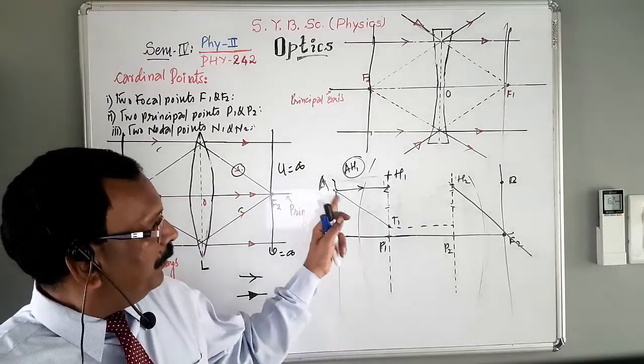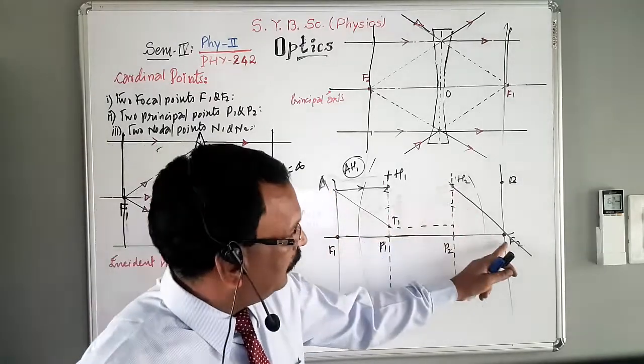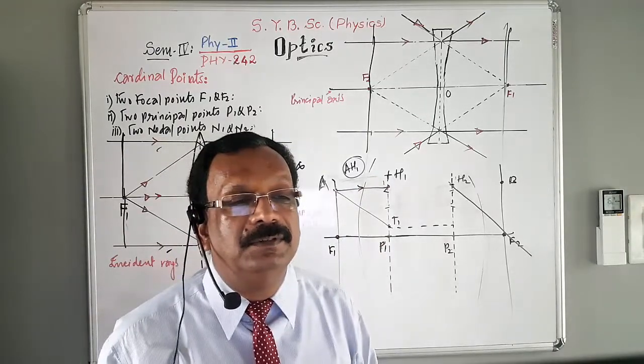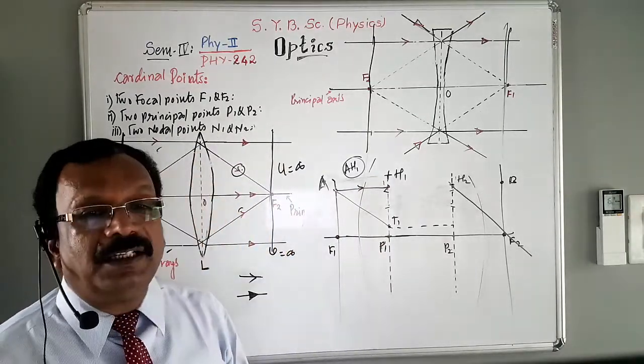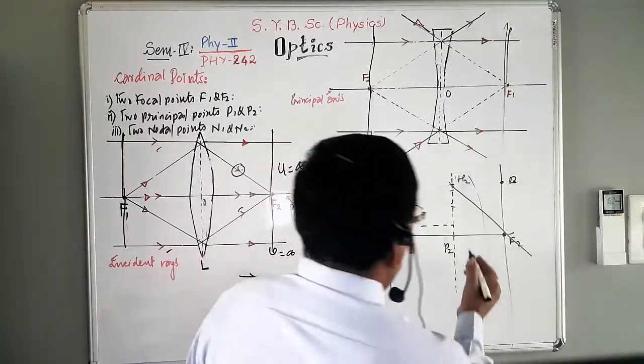AT1 is parallel to H2 P2 and striking the first principal plane at T1. Its conjugate is T2 C.